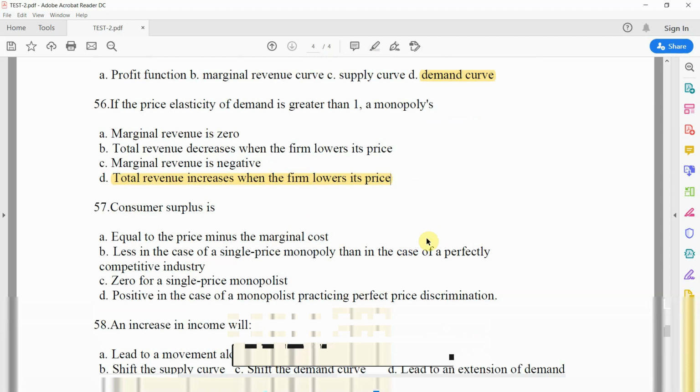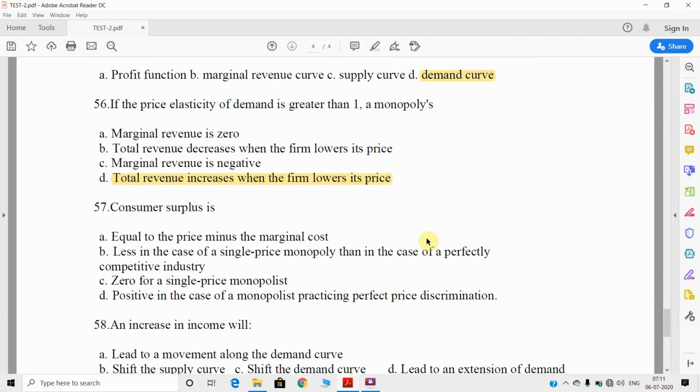Next, 57: the consumer surplus is, it is very easy, so the answer will be B. It is larger in case of a single price monopoly than in a perfectly competitive market.